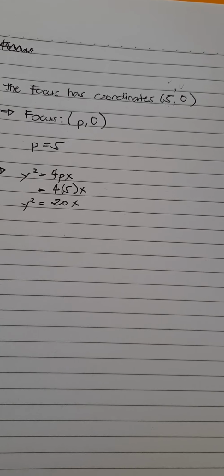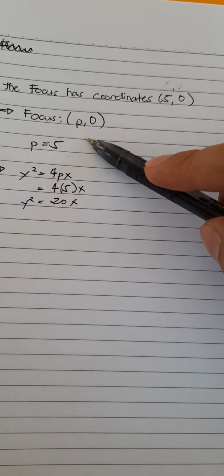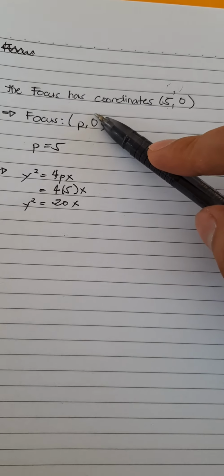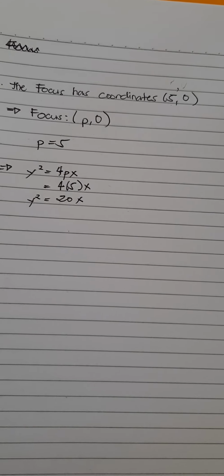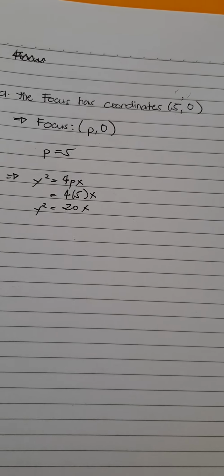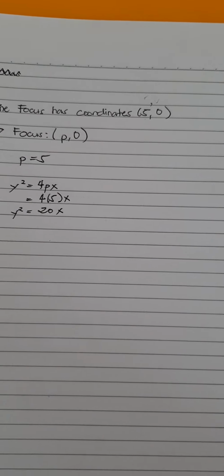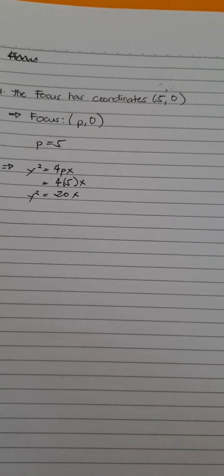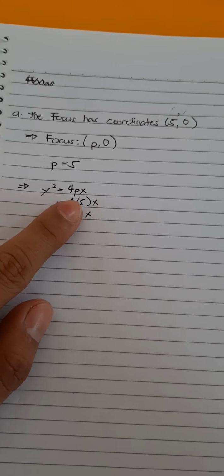So the format of the focus is in this form, (p, 0), and this format has a horizontal axis of symmetry. It follows that the parabola having a horizontal axis of symmetry has an equation of y squared equals 4px.